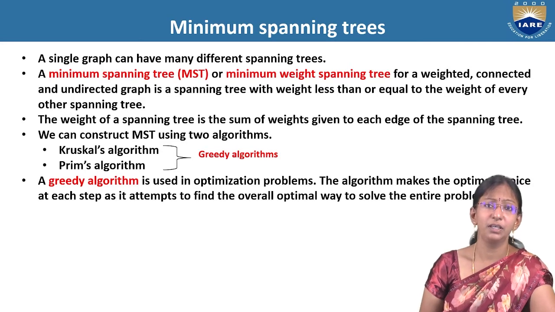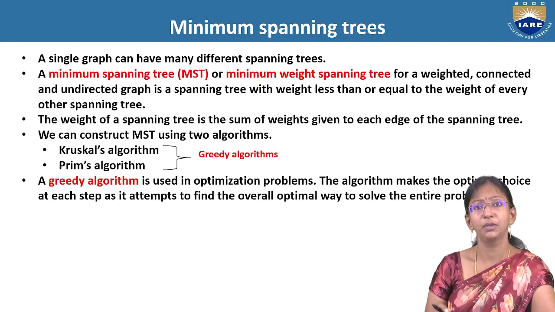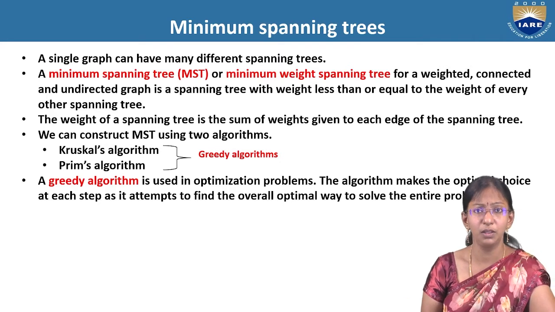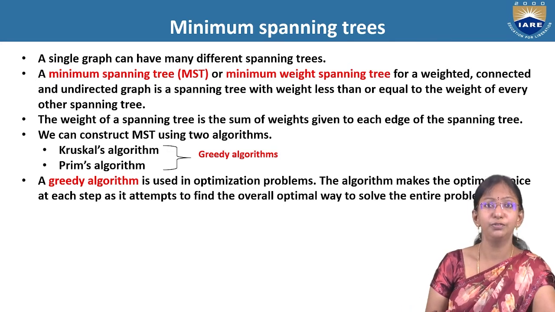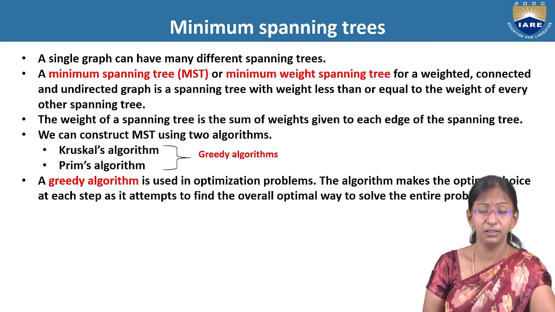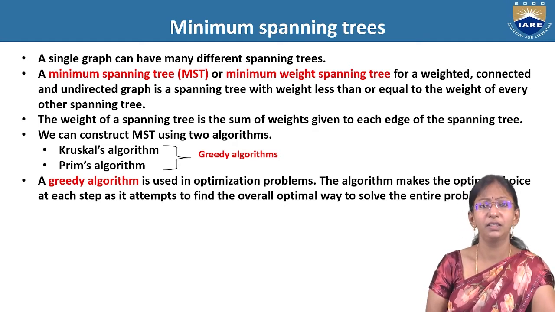As I said, what is a minimum spanning tree, also known as a minimum weighted spanning tree? Minimum spanning trees deal with undirected weighted graphs. So even if you add the word weight to it, it's okay. Even if you delete it, the minimum spanning tree itself tells you the hidden fact that it is talking about weighted graphs.